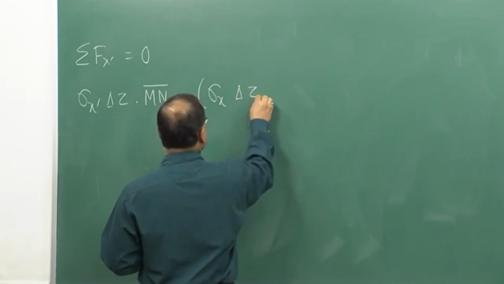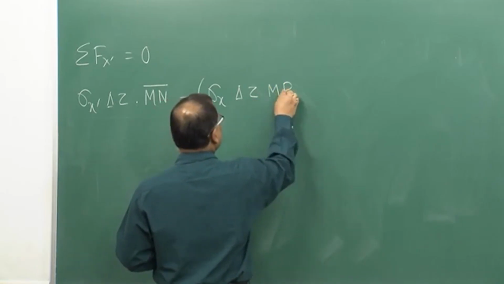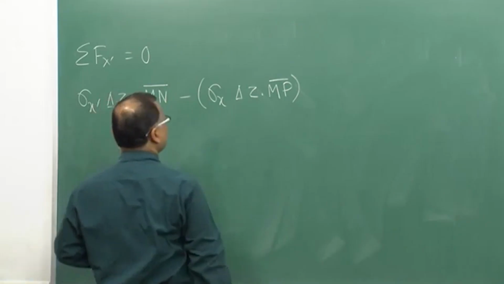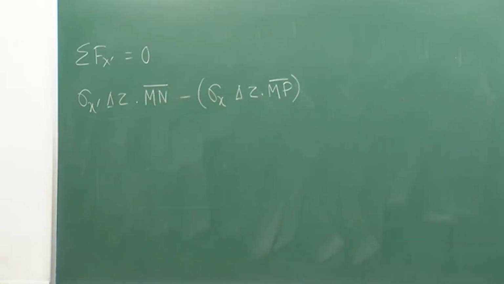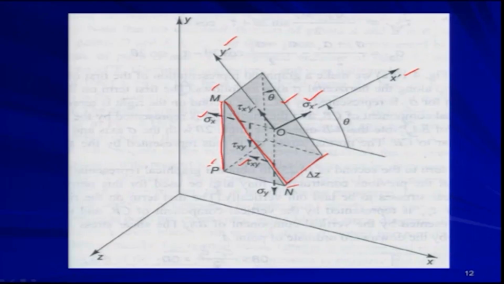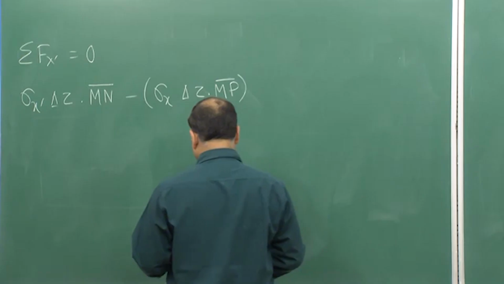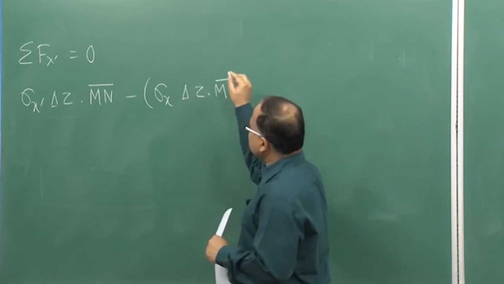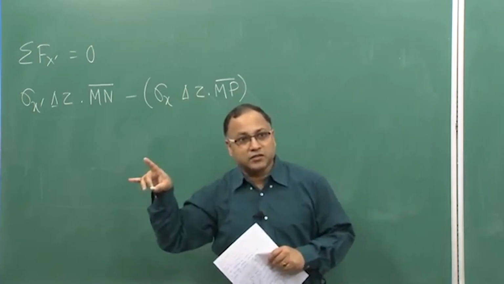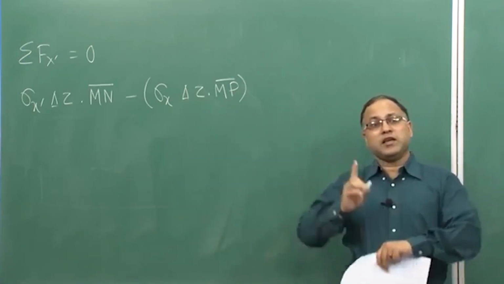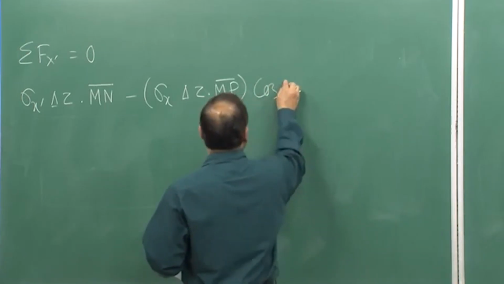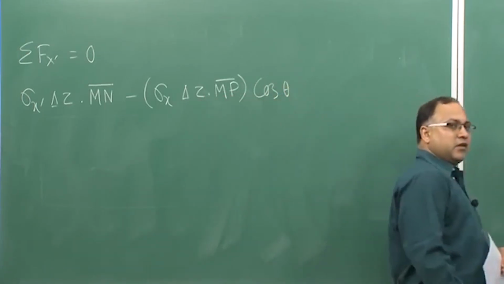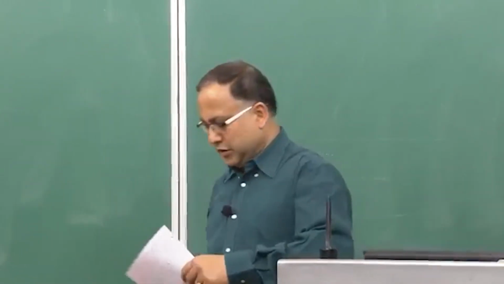The area of the x plane is delta z into MP, the rectangular area on which sigma x is acting. That is the force in the x direction. Now I have to take the component of this force along the x prime direction, so simply multiply by cos theta.